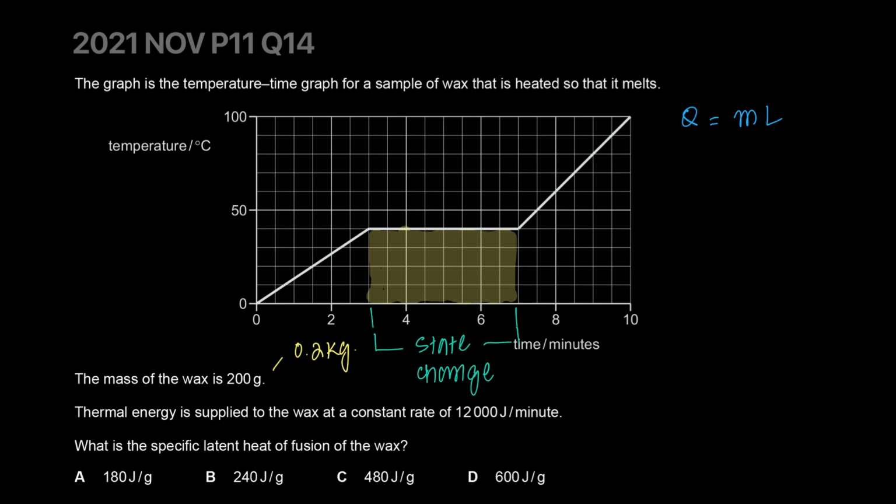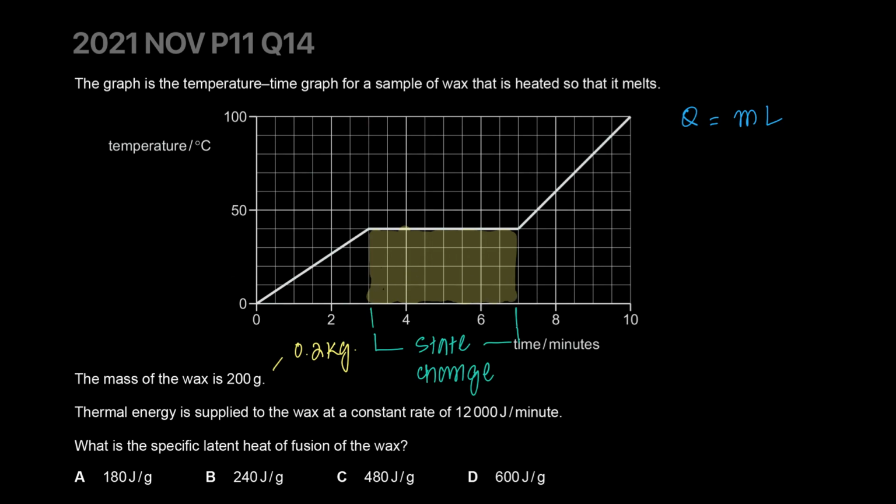It's not on the graph, but in this amount of time you're supplied 12,000 joules every minute. So how much time is it? You start at 3 minutes and you end at 7. So this time difference is 4 minutes.